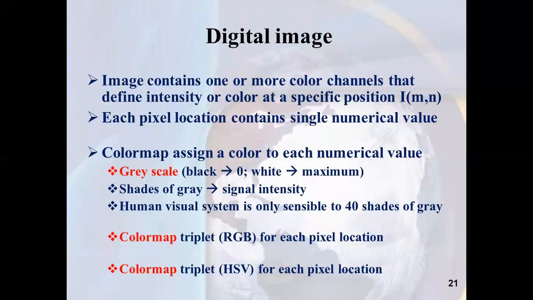I11 for red، I11 for green، و I11 for blue. ونفس الشيء إذا كنت عم بشتغل بالاتش اس في سيستم. وبالتالي ما بيكون عندي ماتريكس وحدة لأعرف عن الصورة، بصير عندي 3 ماتريسز ورا بعضهم. وحده للريد، وحده للجرين، وحده للبلو، اذا كنا عم نشتغل بالتريبلت كلورار ماب. بينما اذا عم نشتغل بالجراي سكيل ليفل الايمج از ريبريزنتد باي 1 ماتريكس. بينما بالكولر ماب تريبلت بكون عم بشتغل انا على 3 ماتريسز ورا بعضهم، كل وحده ريبريزنت كالرز، وبس ندمج الار جي بي بيطلع معنا الكالر اللي عم ندور عليه.